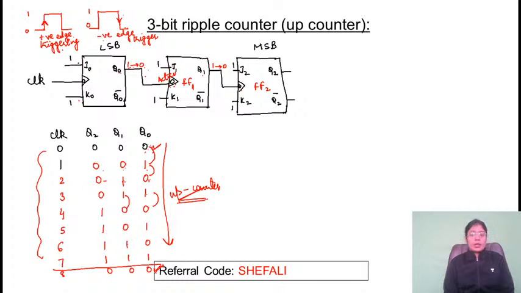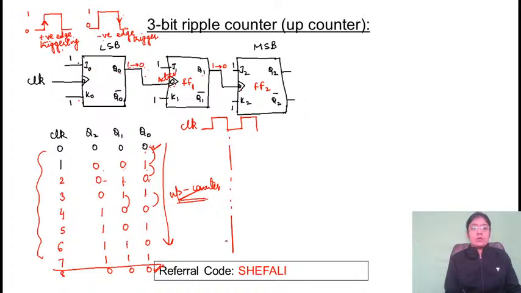Clear? If we look at the timing diagram, first of all, let's consider the clock. This is clock 0. This is clock 1. Clock 2. Clock 3. Clock 4. Clock 5.